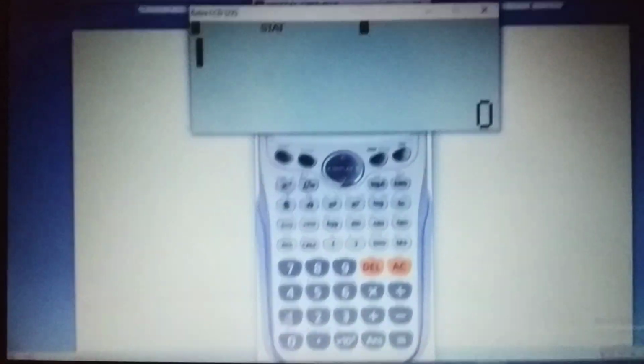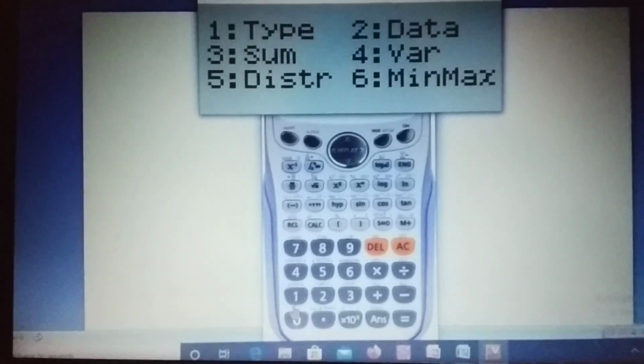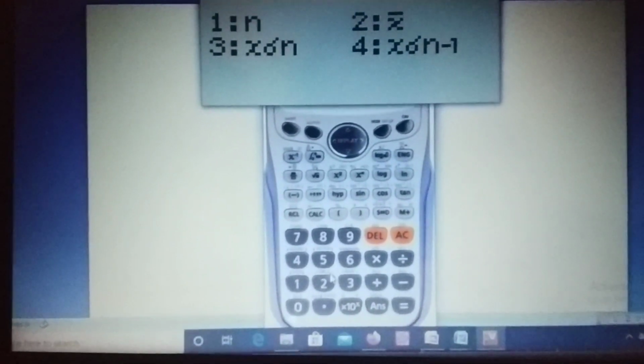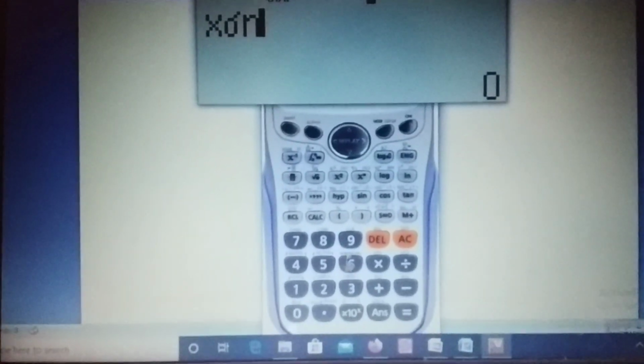I wrote it here that mu of x bar equals 1, the sample mean is equal to 1. Then I again clicked on shift and then 1, then again 4, and the third option, x sigma n, which is the standard deviation.